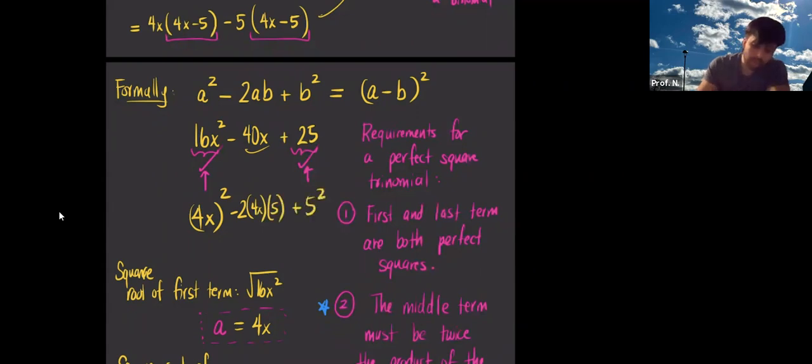I got a squared minus 2ab plus b squared. I can rewrite this in this form, a squared minus 2ab plus b squared.